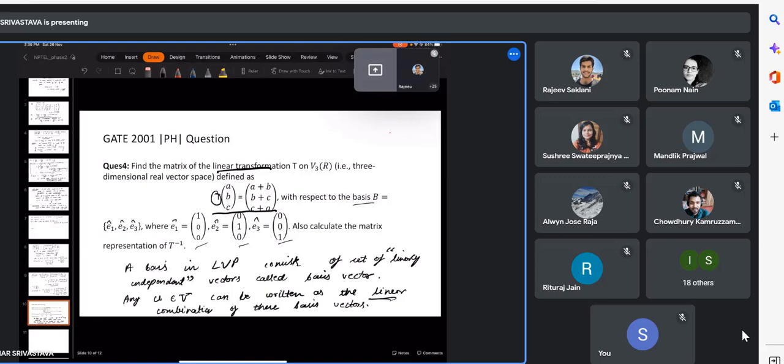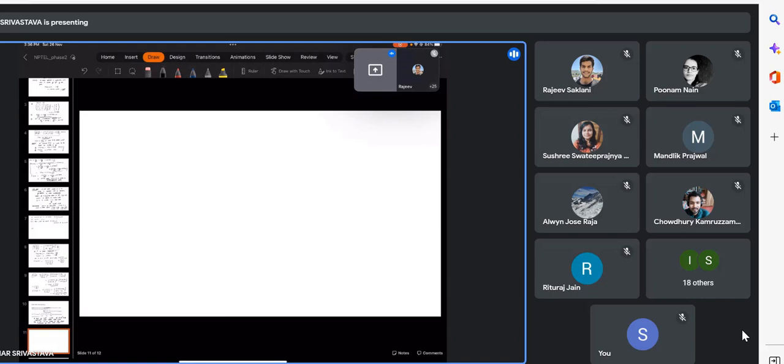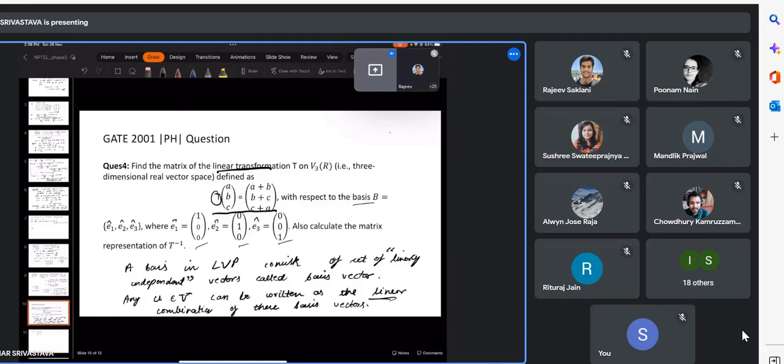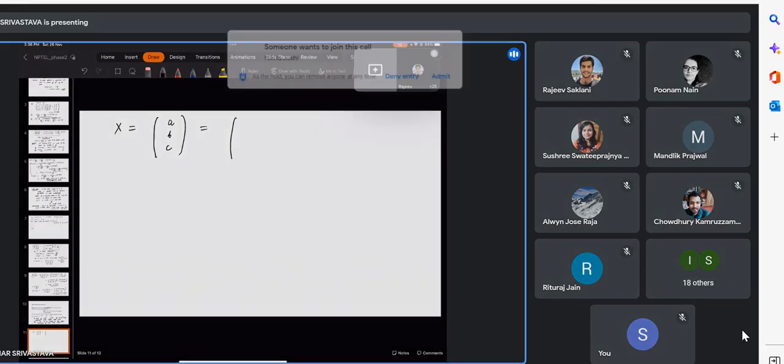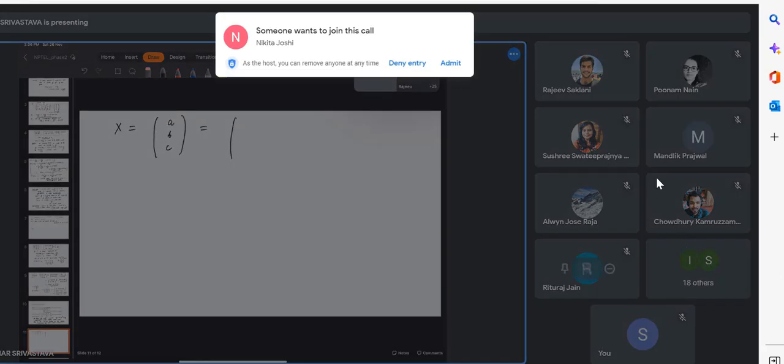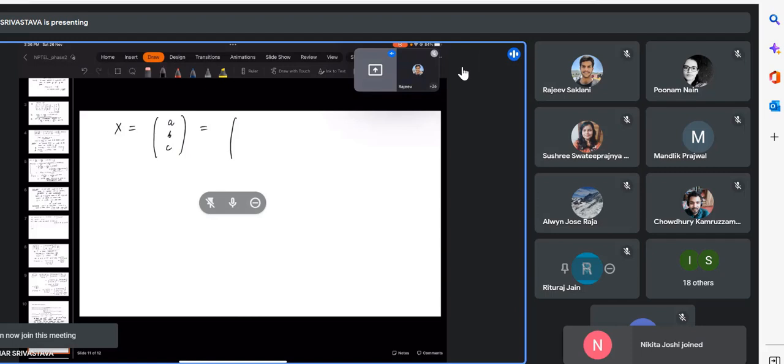So let us assume that this column vector is represented by X equal to (A, B, C). Since these are the basis vectors, we can expand any vector as a linear combination of the vector space basis vectors.